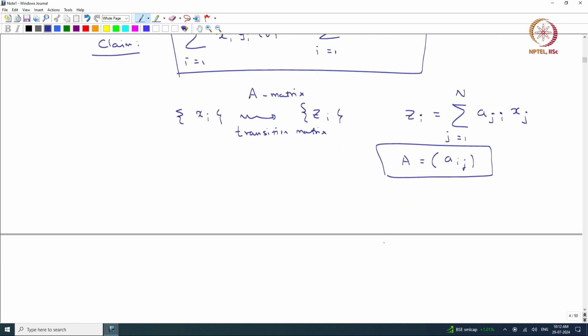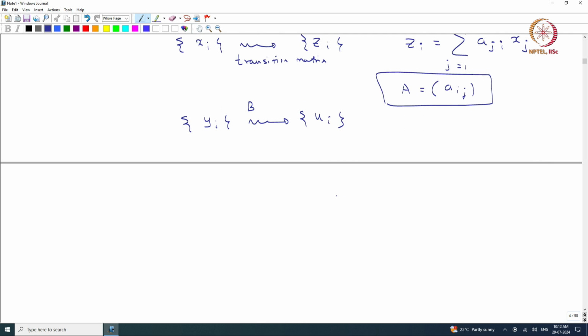Now if we take the y_i's, and let us say the transition matrix B sends them to u_i's, then again by definition, u_i is written as the summation of b_ki y_k, where k ranges from 1 to n.